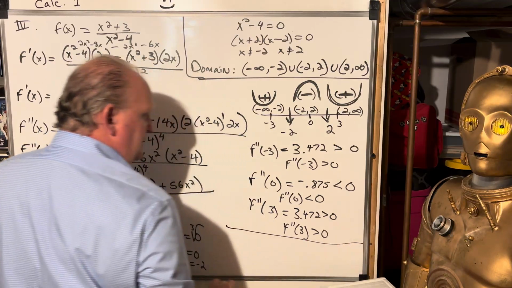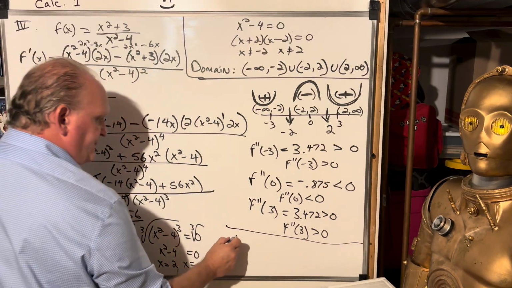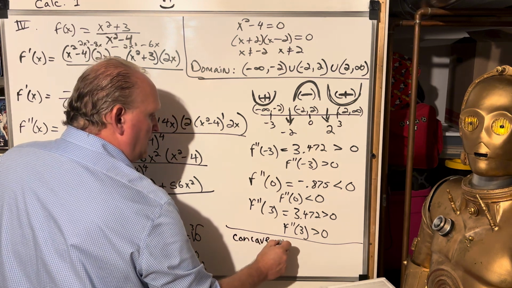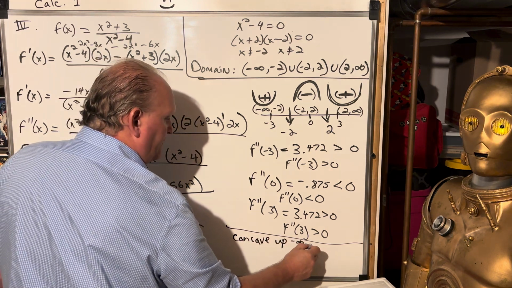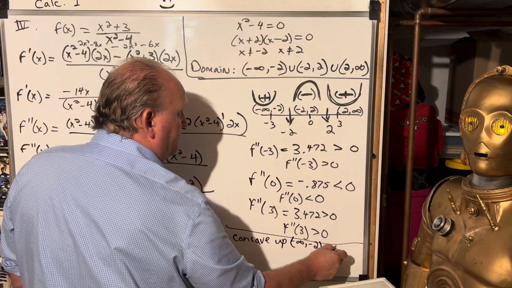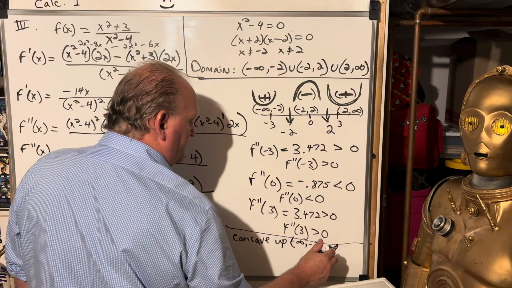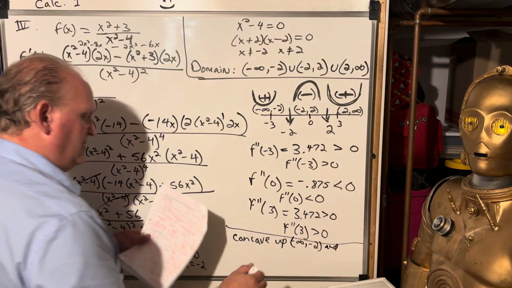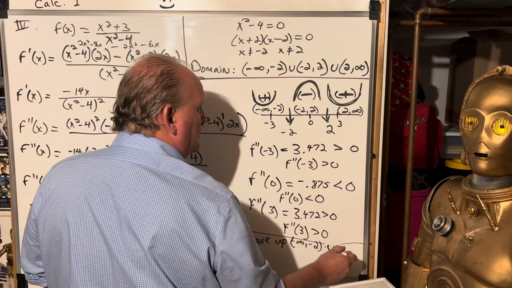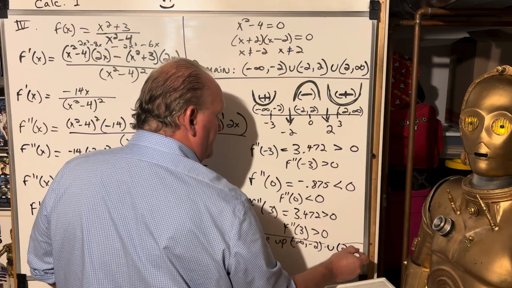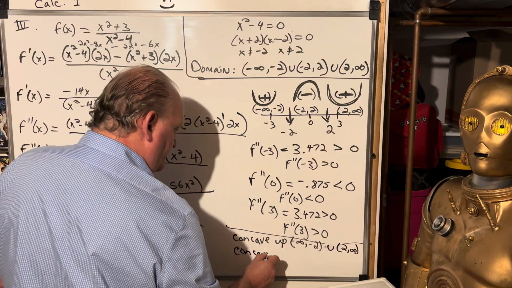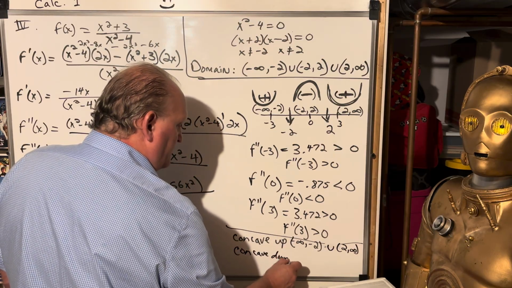So we could say concave up for negative infinity to negative 2, and, I think we could use the union sign there, 2 to positive infinity, and then concave down is just from negative 2 to 2.